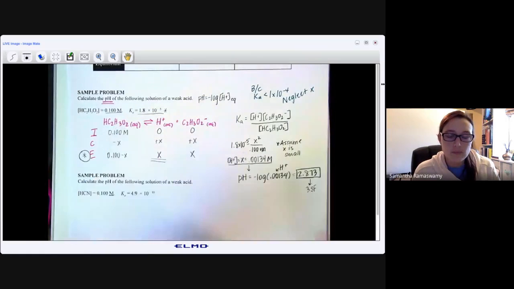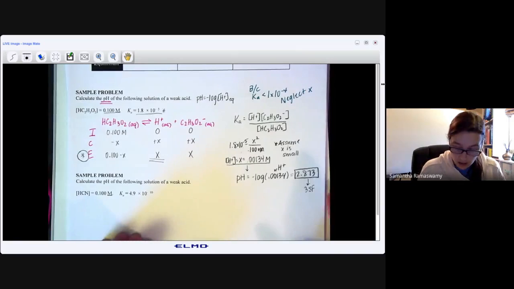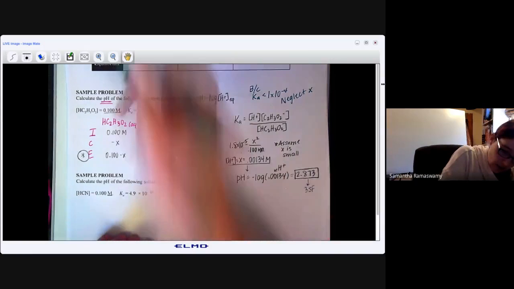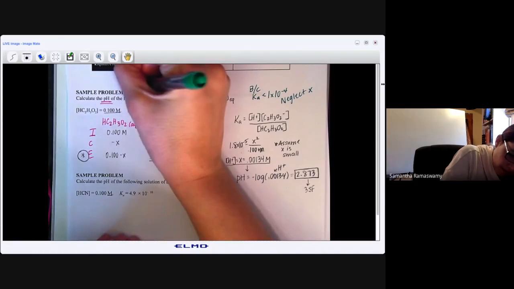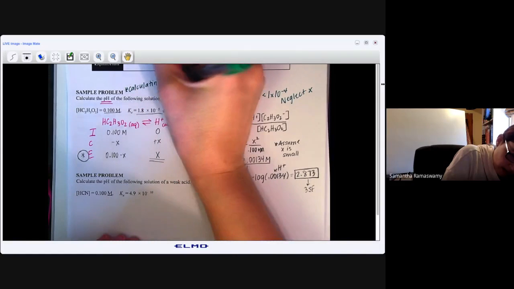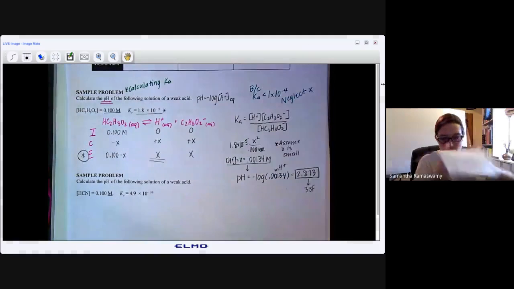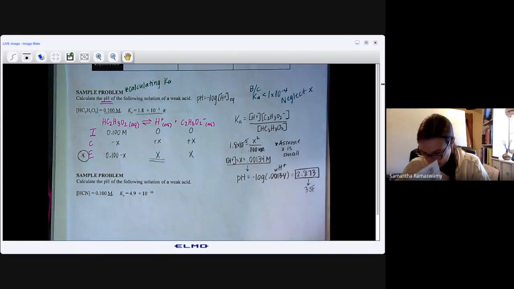But this is calculating the pH. Another skill that you need to have is calculating Ka. Let me look in the notes because we did these in the notes. Calculating Ka means that they would give you the pH.